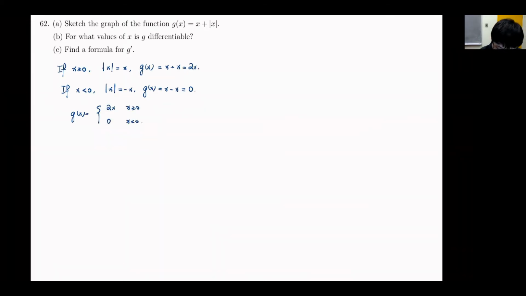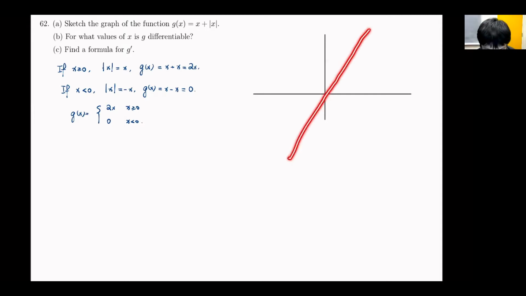Okay, so to draw the graph, let's first start with the xy coordinates. So this is my xy coordinate, and g of x equals 2x. Well, 2x basically looks like this, so it will be a line of slope 2, but because we only need the part when x is greater than or equal to 0, we have this part over here.